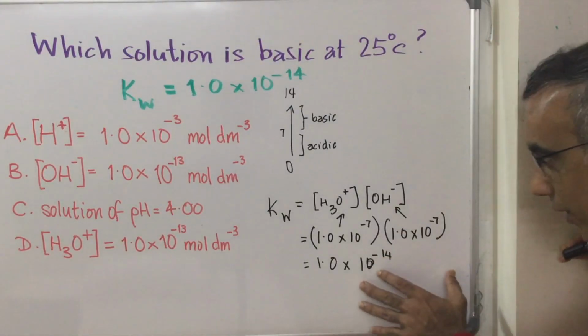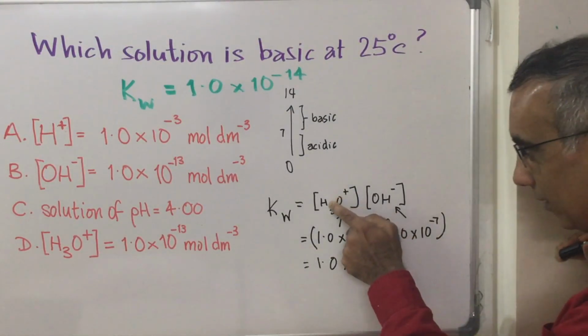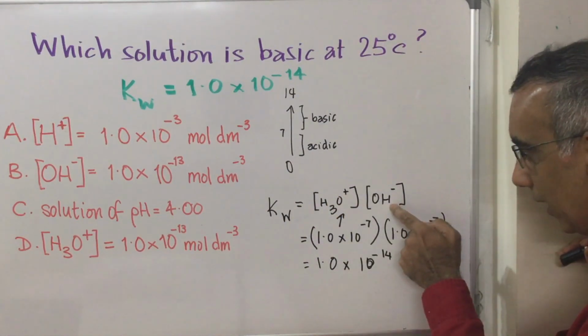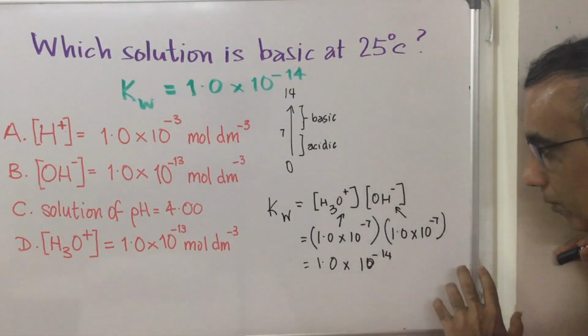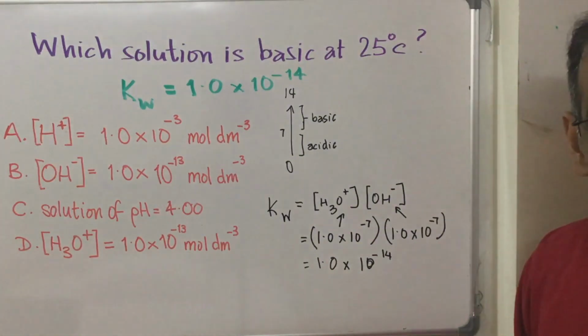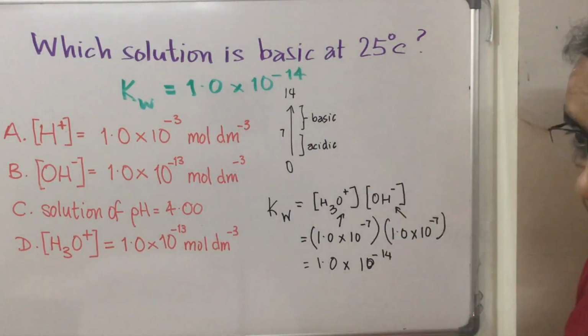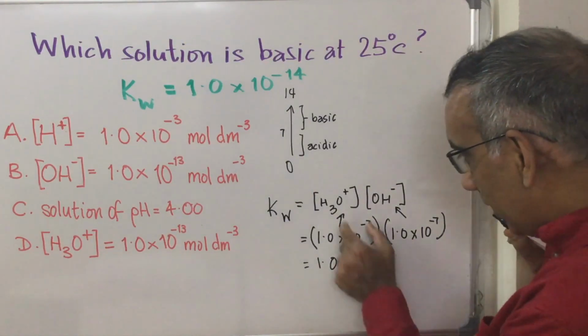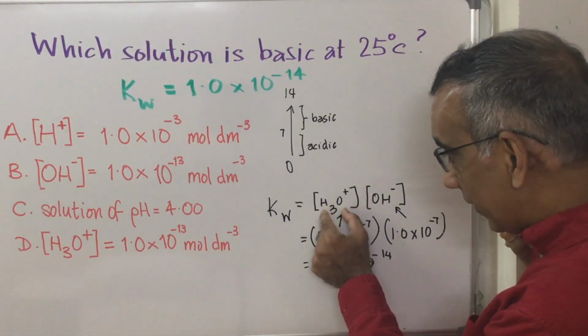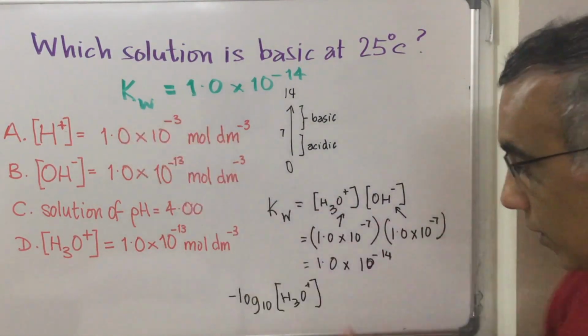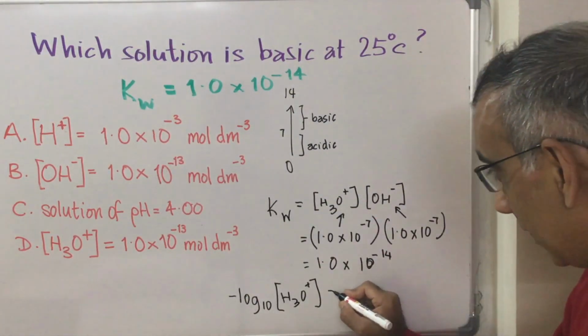With that information in mind, that the concentration of hydrogen ions or hydronium ions multiplied by hydroxide gives you the ionic product for water, that is why the pH of pure water at 25 degrees Celsius is based on the negative log to the base 10 of the hydronium ion concentration, or the H plus concentration. It amounts to the same.